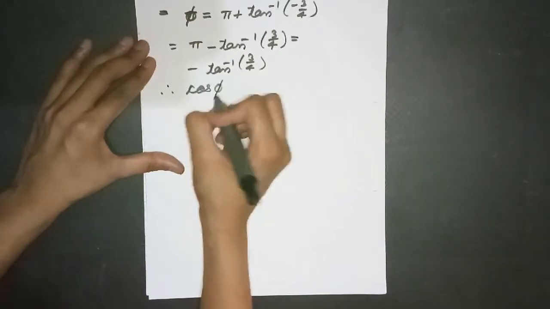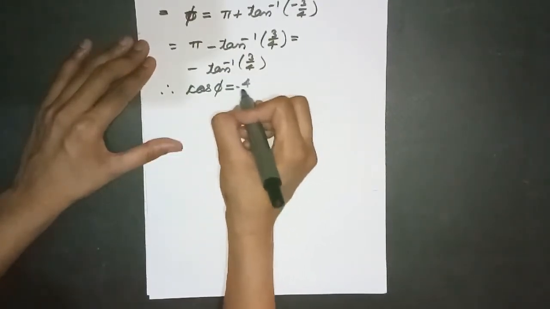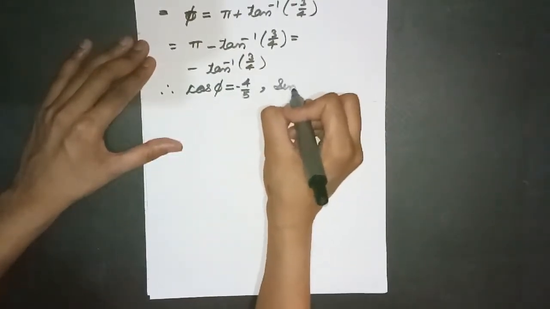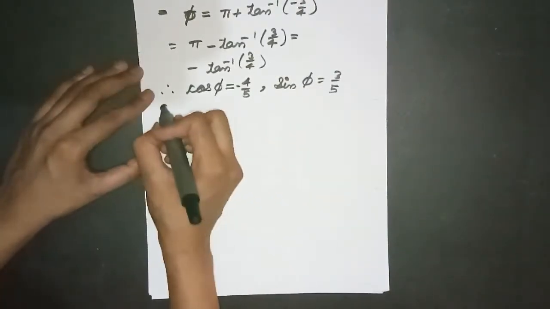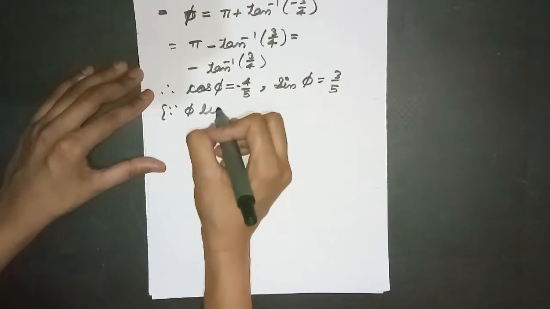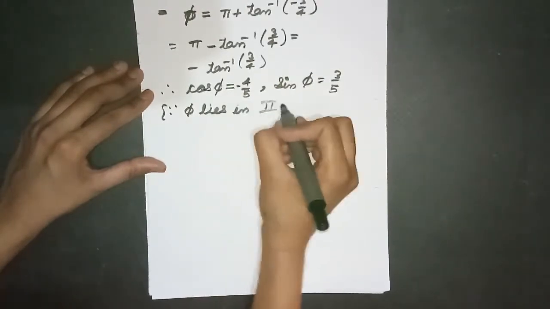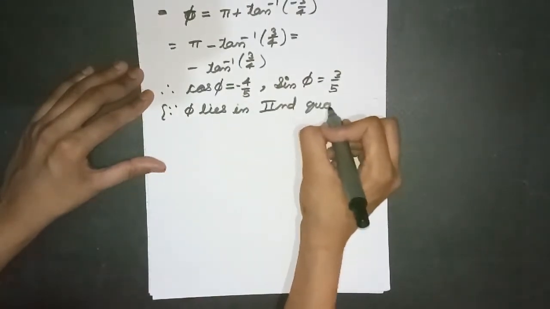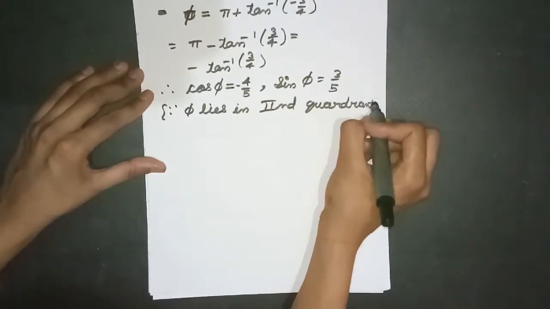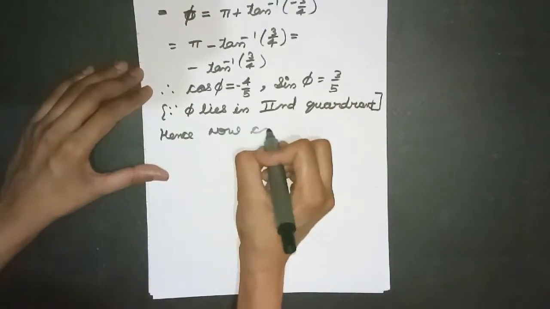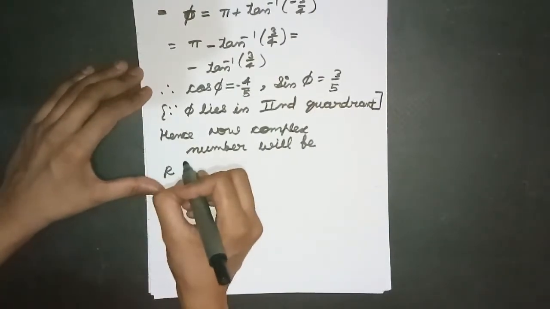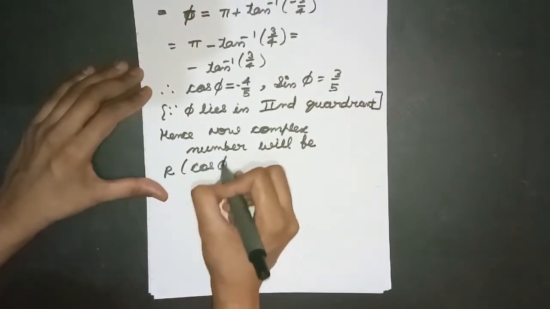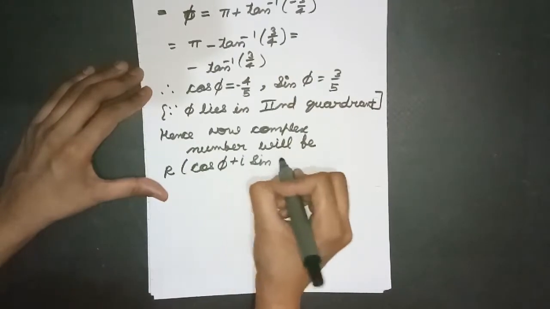So this gives us cos phi is equal to minus 4 by 5 and sin phi is equal to 3 by 5, because phi lies in the second quadrant. Hence the complex number will be r into cos phi plus iota sin phi.